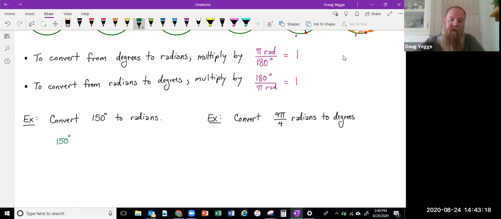And we want to convert this into a certain number of radians. So remember, what we're going to need to do here is cancel out the degrees. So that means we're going to have to multiply by a conversion factor where the degrees cancel. So that must mean that the 180 degrees goes on the bottom while the pi radians goes on top.